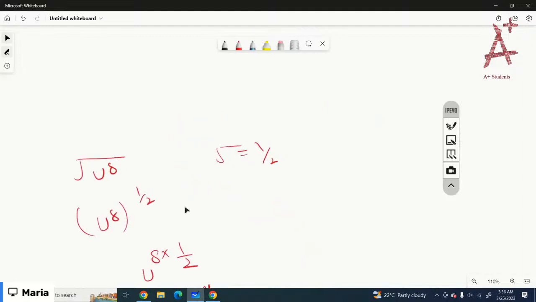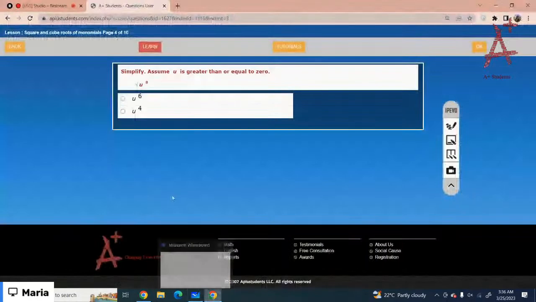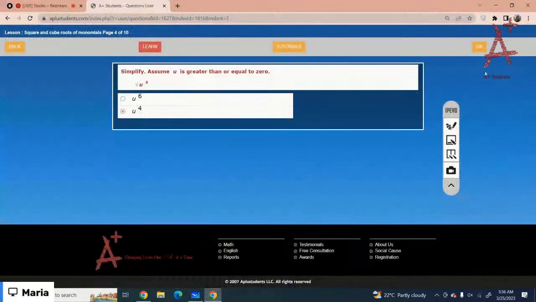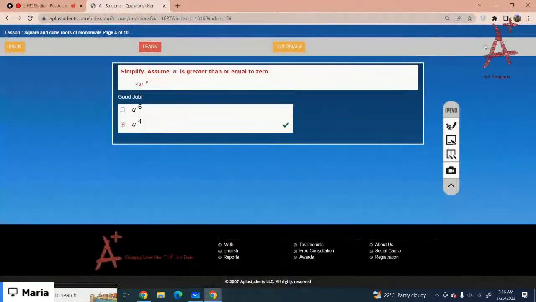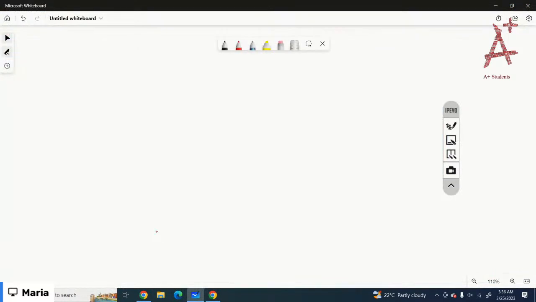Okay. Let's just start with the next one. U exponent 4 is the correct option. Okay, the next one is g exponent 22. So we know that square root equals 1 over 2. So it would be g exponent 22 and the exponent is 1 over 2. It would be 22 times 1 over 2.